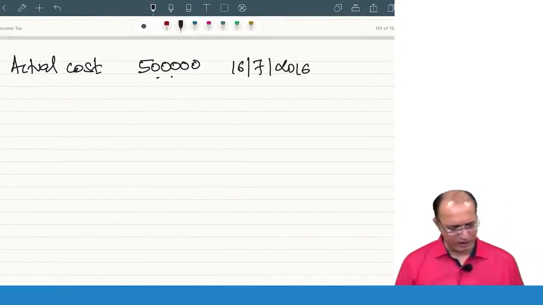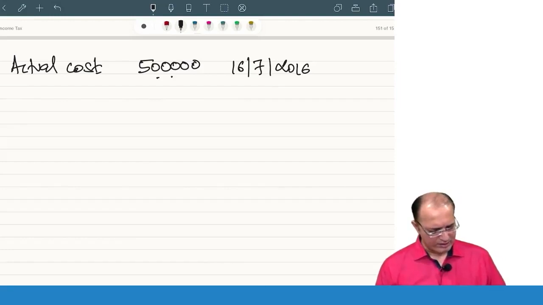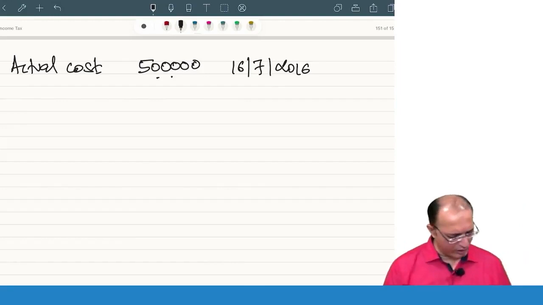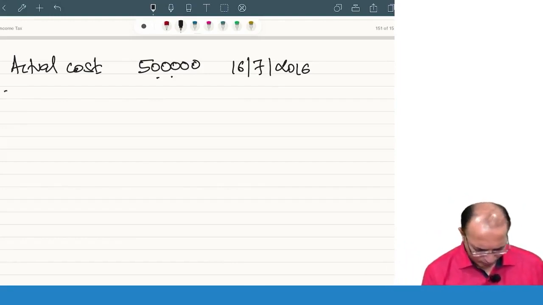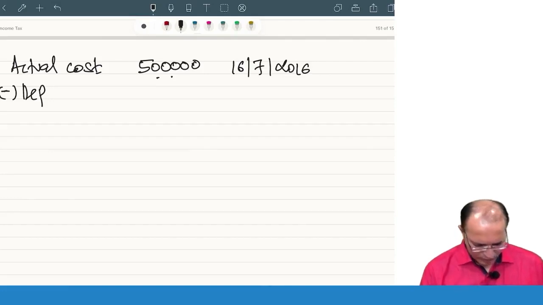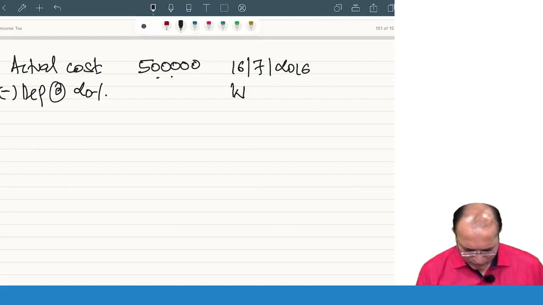Now, can you tell me from 16 July 16, 1 year will get completed on which date? We have to deduct depreciation at the rate of 20%. Which method? WDV method.